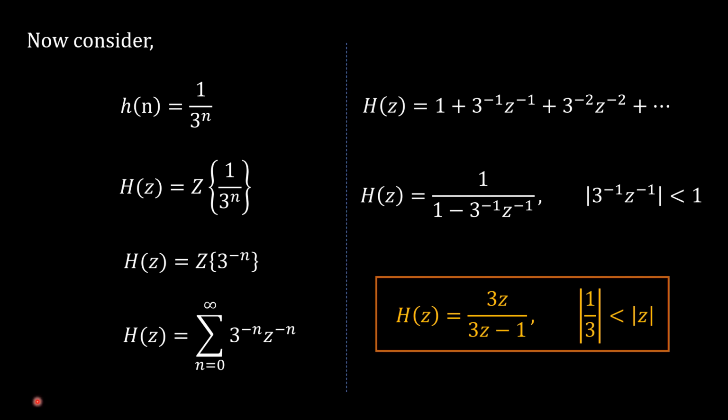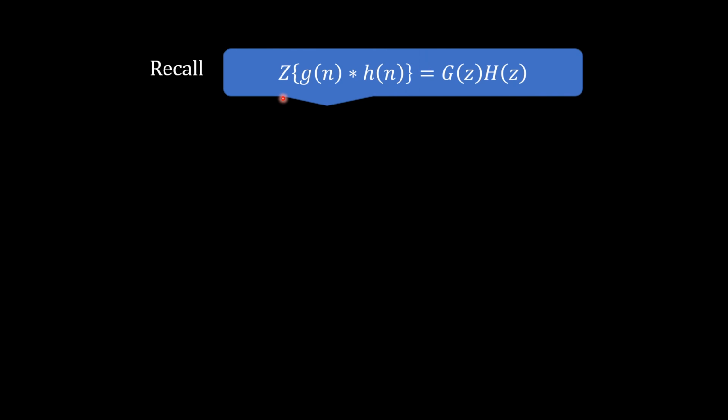Now we will go for obtaining Z transform of the given sequence f of n using convolution theorem. Convolution theorem states that Z transform of convolution of the two sequences g of n star h of n is equal to product of their Z transforms, that is g of z into h of z.